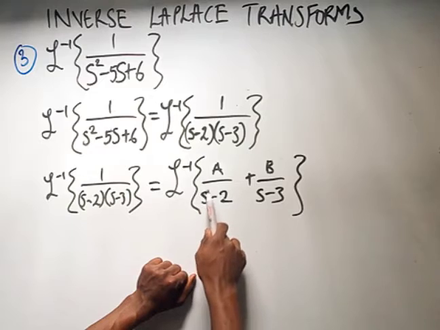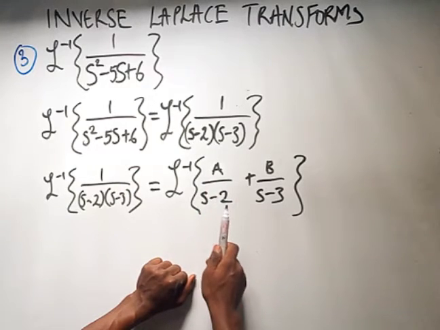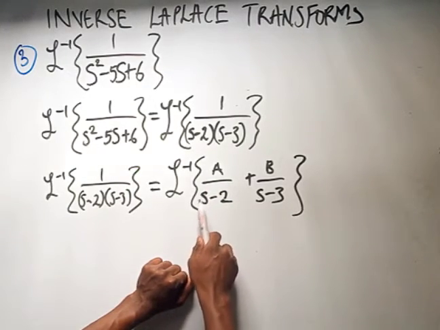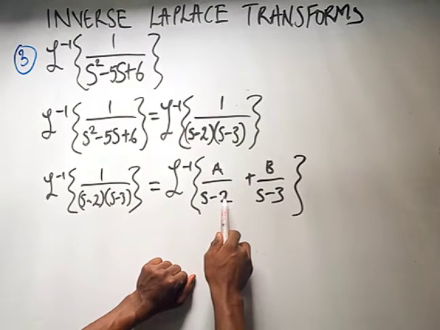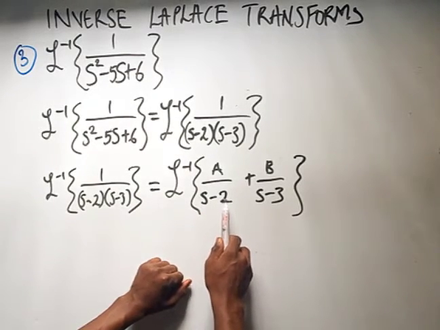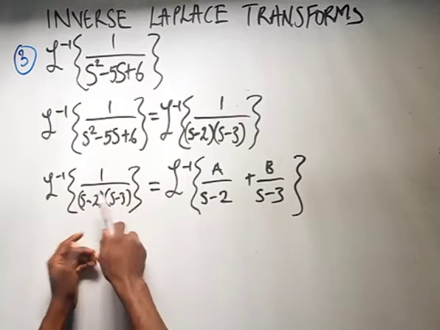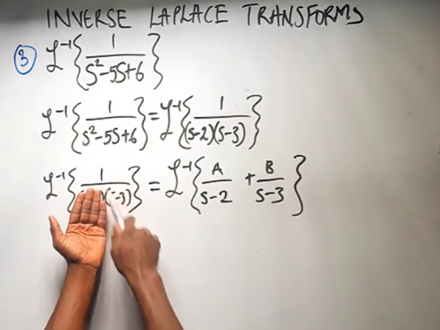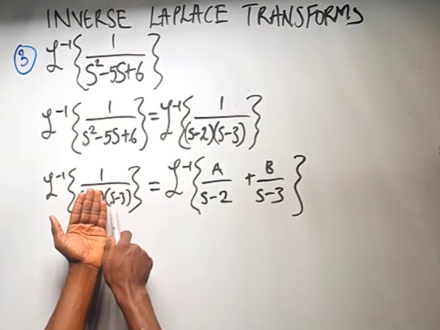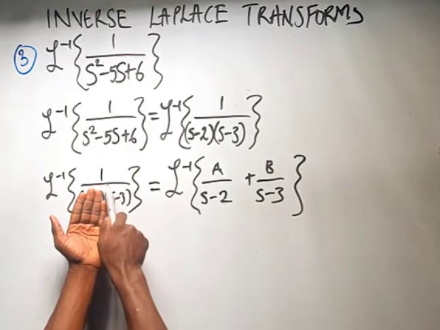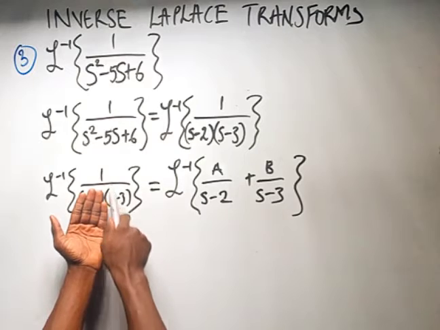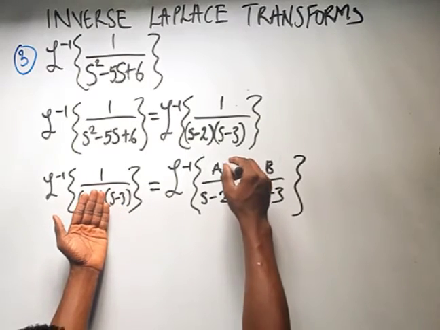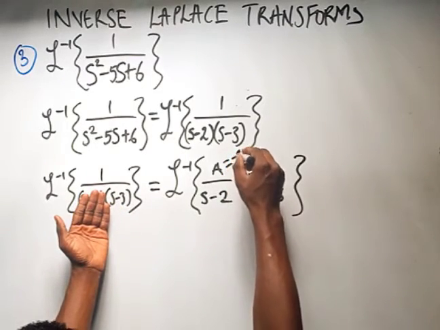When a is equal to 2, the whole of this fraction will be undefined, because we'll just be having 2 minus 2, which is 0. So we cover that particular expression, then plug in 2 wherever you find a. So that will be 1 over 2 minus 3. So 2 minus 3 is just negative 1. So 1 divided by negative 1, the result is negative 1 for A.